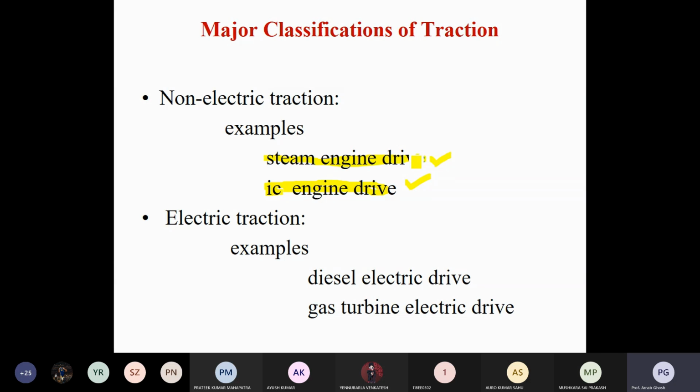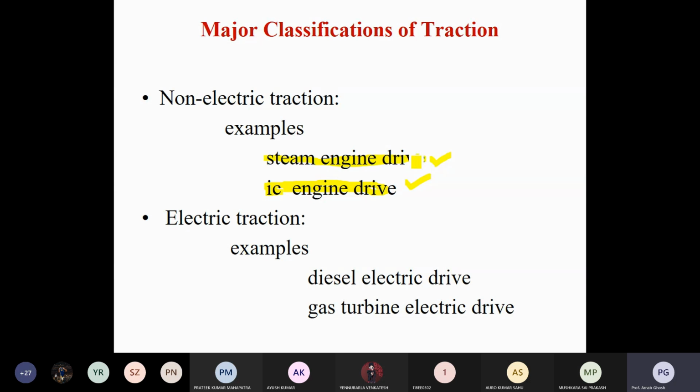Then gas turbine electric drives. Again, next to diesel is the gas turbine. Same thing: you are using a turbine to move the prime mover. In the case of diesel, you use chemical energy to move the prime mover of the generator, and then you are able to produce electricity. In the gas turbine concept, the turbine converts other energy to mechanical energy.